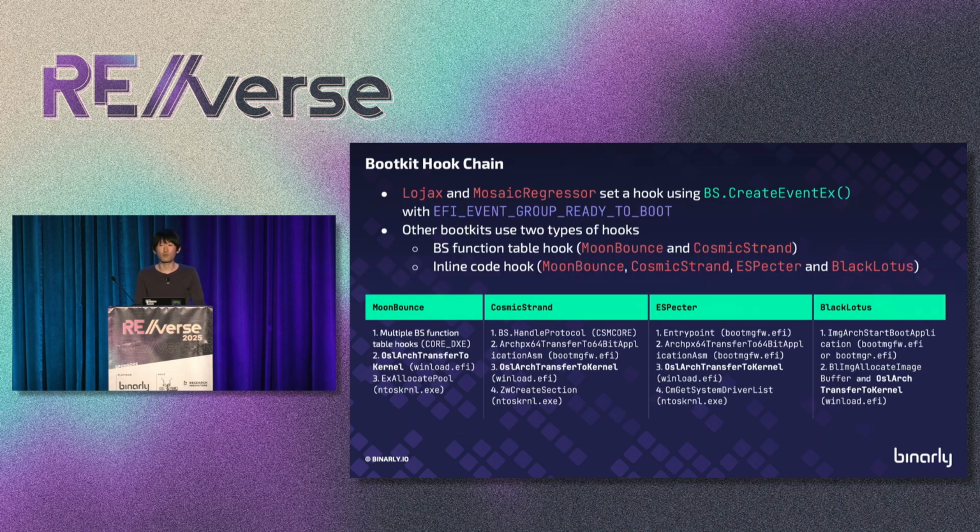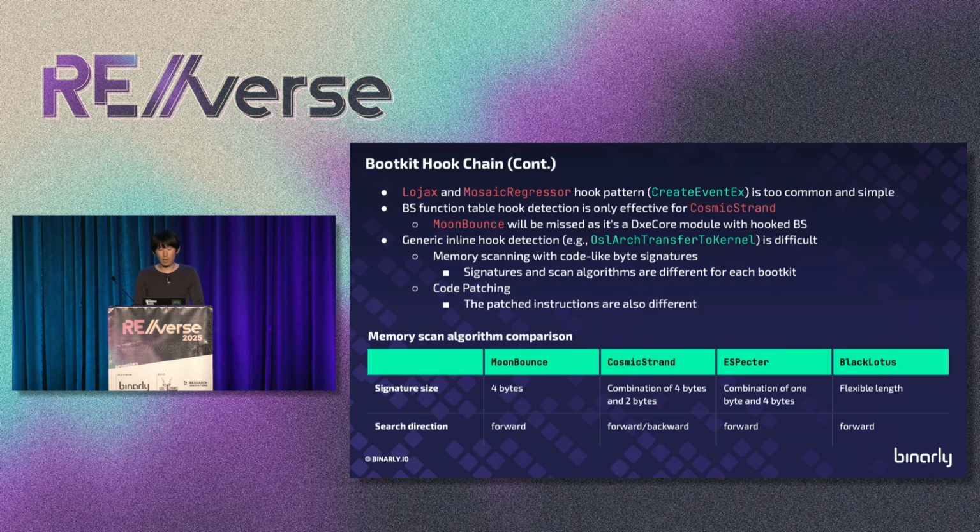Bootkits hook multiple code locations to execute their code in the operating system. LoJax and MosaicRegressor set a create event callback, and other bootkits use 2 types of hooks. One is the boot service function table hook. The other is the inline code hook of some bootloaders and kernel functions. However, as a generic code pattern, the create event callback is too common, so it will make a lot of false positives.